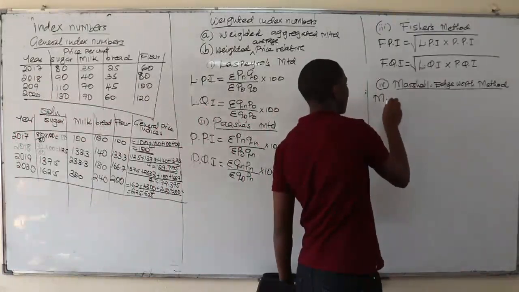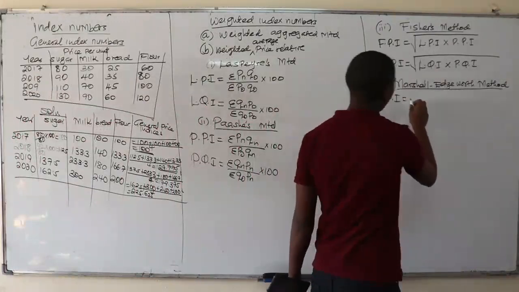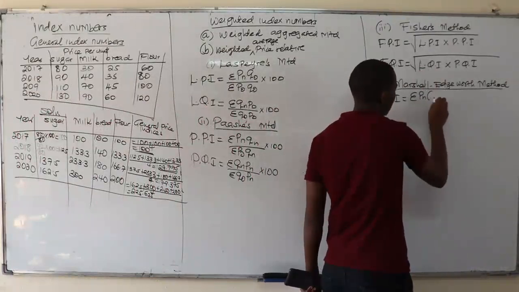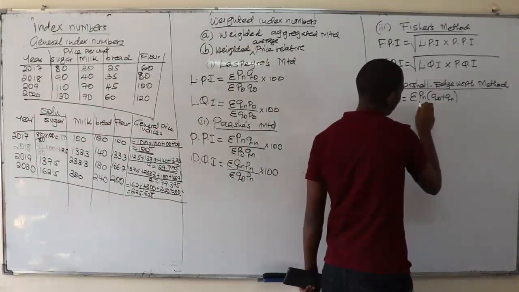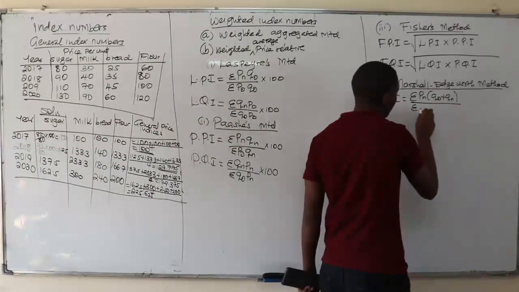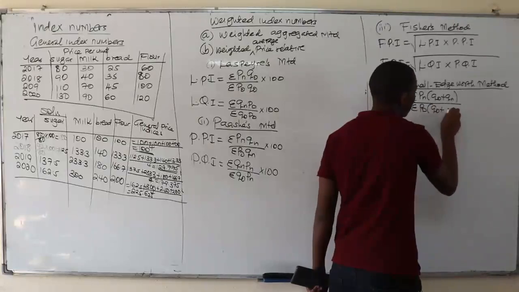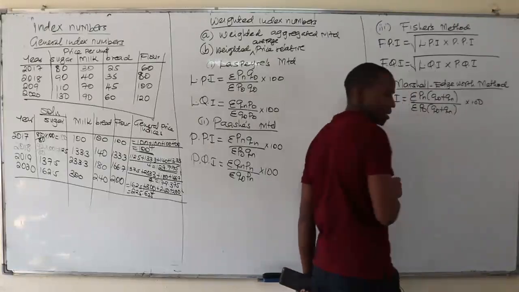So for you to get the Marshall price index, it will be given by the summation of Pn (Qo plus Qn), divided by the summation of Po (Qo plus Qn), and you multiply by 100.